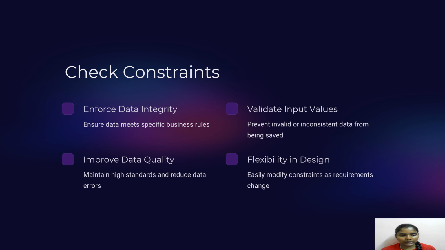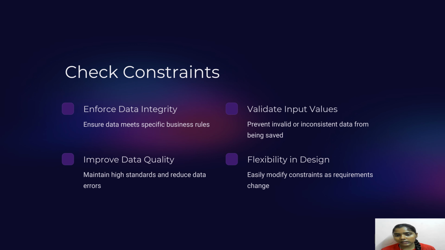And the next one is check constraints. Here are the four different points in it, namely ensure data integrity, validate input values, improve data quality, and flexibility in design. Let us know about the description of these four. The first one is ensure data integrity: ensures data meets specific business rules.